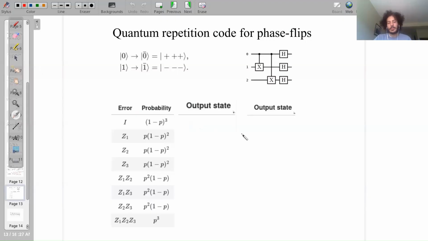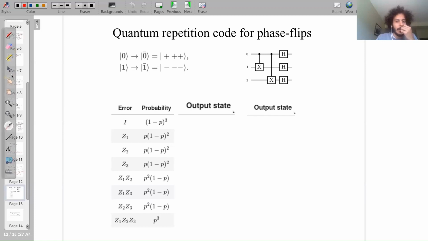So let me just go on and talk about a different code, and this occurs in much the same way. Now we are interested in correcting phase flips, or the Z errors, right?